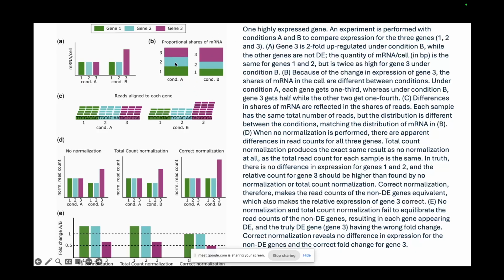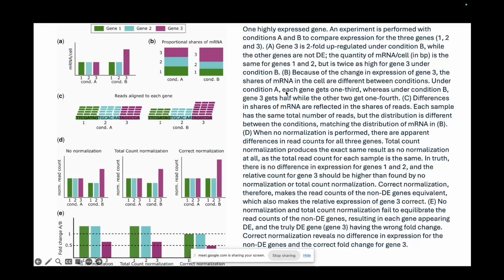If you see in the first condition, genes 1, 2, 3, this is the proportional share of the mRNA of the three genes combined. You have equal proportions in condition A, and you have more proportion for gene 3 in condition B, right? Let's move on to the next condition. Because of the change in the expression of gene 3, the shares of mRNA in the cell are different between conditions.